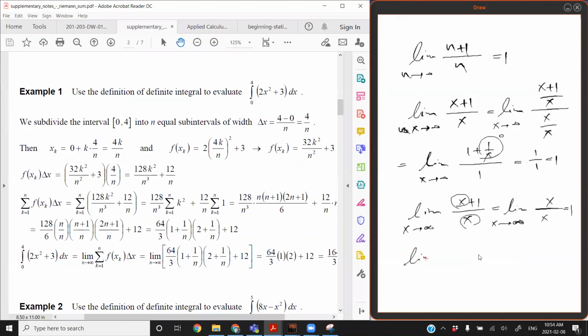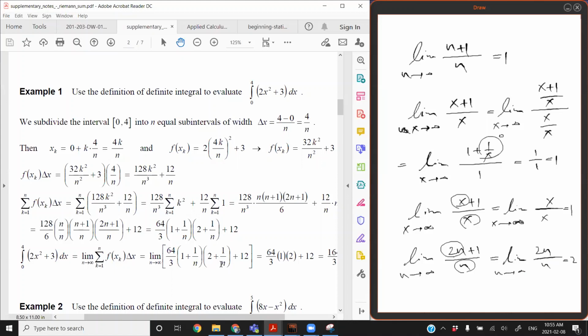Or for the second one, when I had 2n plus 1 over n as n approaches infinity, using the dominant term, you can say the dominant term on top is 2n and the dominant term at the bottom is n. So this is going to be simply 2. So that's why the limit of this part here is going to be 1, and the limit of this part is going to be 2.